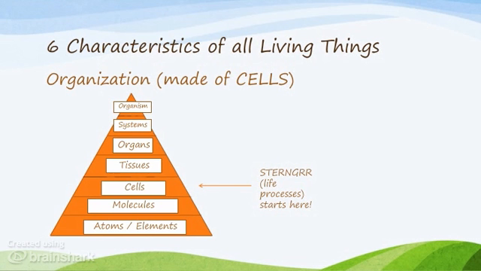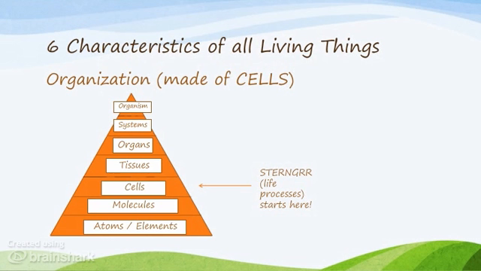Organs work together to make up systems. For example, you have your digestive system consisting of your stomach, your esophagus, your accessory organs such as the pancreas, your intestines, and so forth.